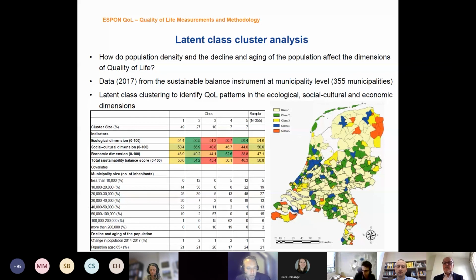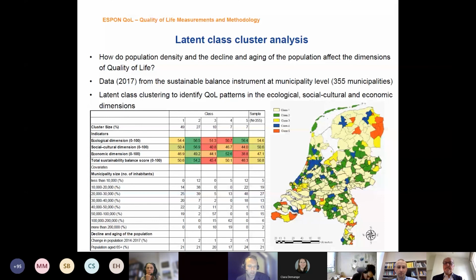So the nice thing about this cluster analysis is that it provides distinct profiles, and you can also see that different profiles underlie similar overall quality of life scores. So it helps to identify the underlying reasons for low quality of life in particular regions. Next slide, please.